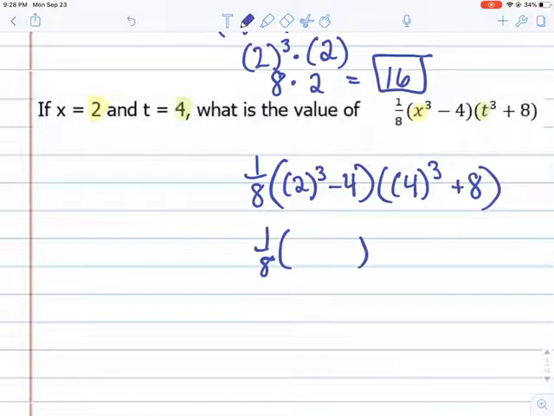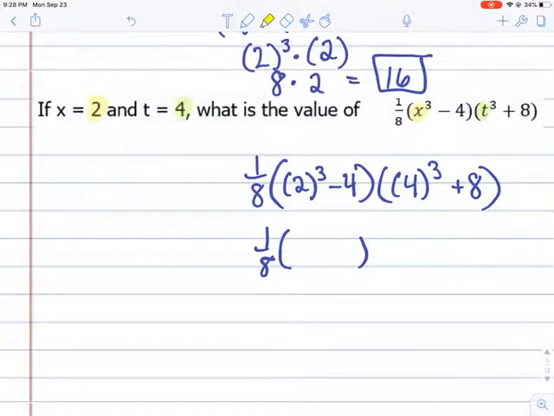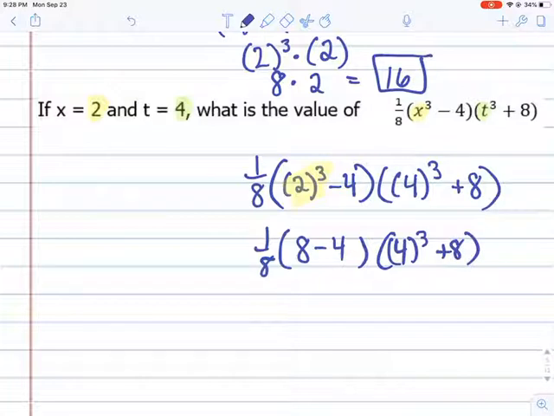We can go ahead and start working in our first grouping symbol. There's no more parentheses that have any operation happening within them, so we can move on to exponents. That's going to be 2 to the third, which is 8, minus 4. So then that would be 1/8.